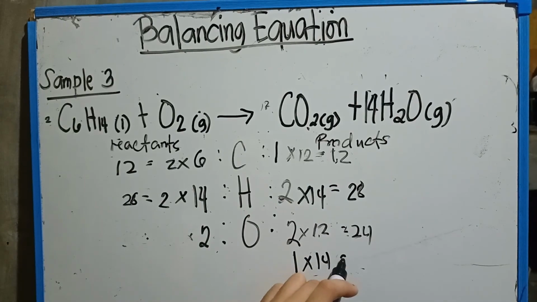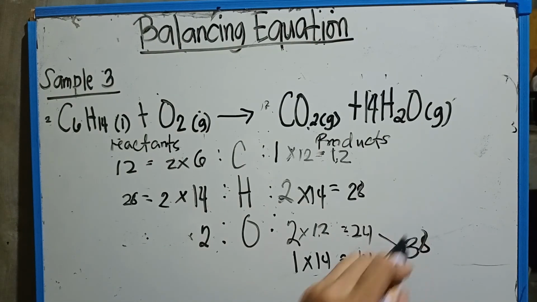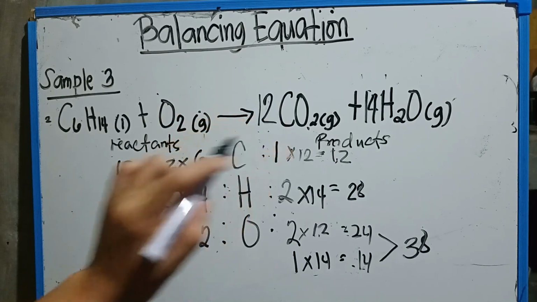So, 1 times 14 becomes 38. Or, I mean, 14. So, add the two. We have 24 plus 14. So, 4 plus 4 is 8. So, 1 plus 2, 38. So, this is the coefficient we used.